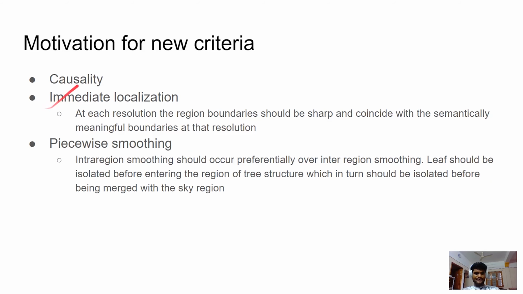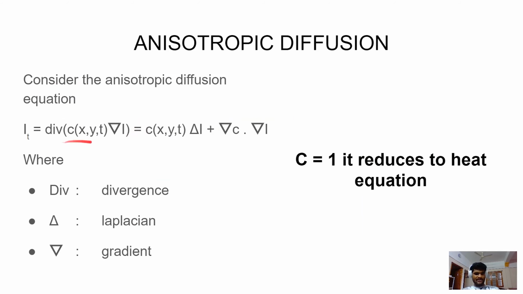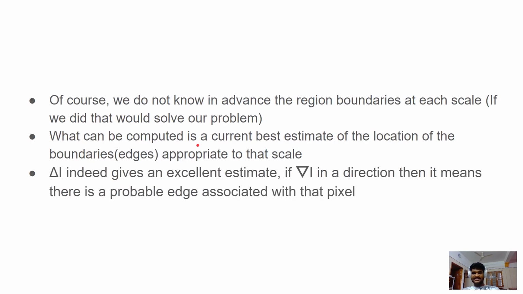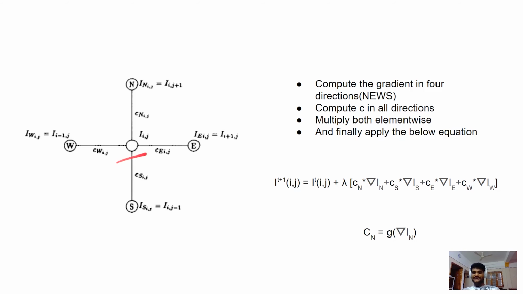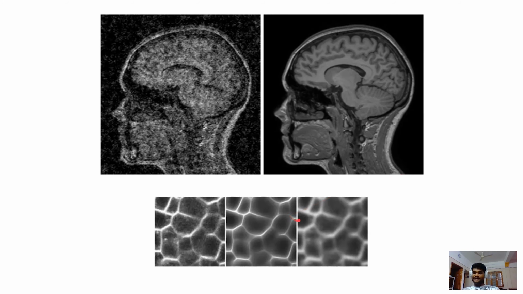And after introducing two new criteria, we saw how they changed the diffusion equation. And after the change, and after introducing a new function called C and applying it on the gradient, we were able to see if it is an edge or not. And by applying the diffusion equation iteratively, we get what is called anisotropic diffusion.